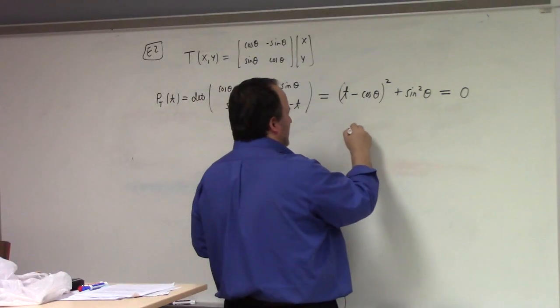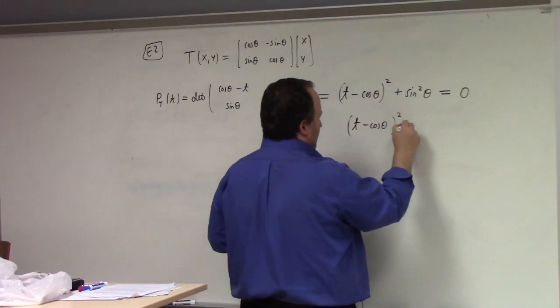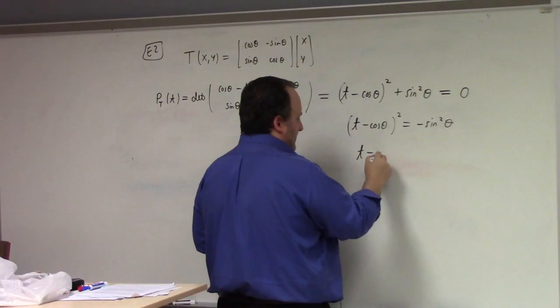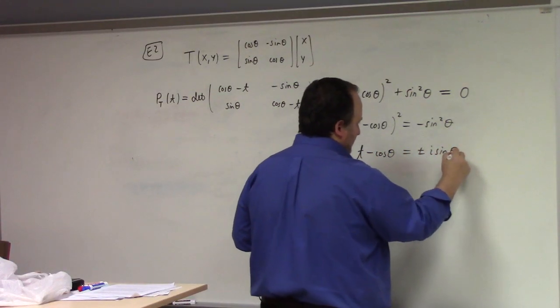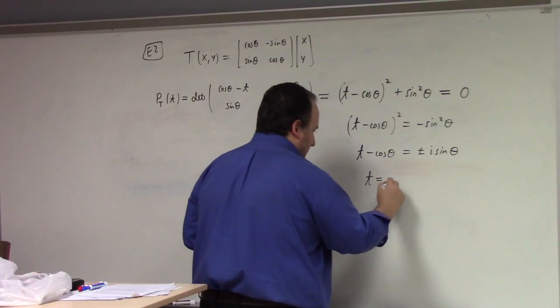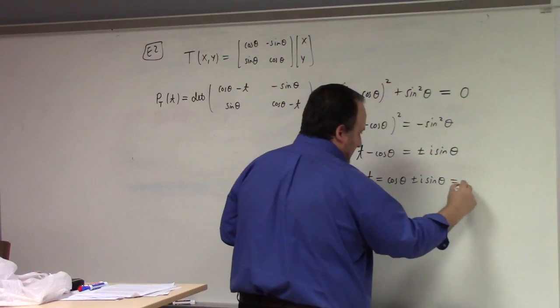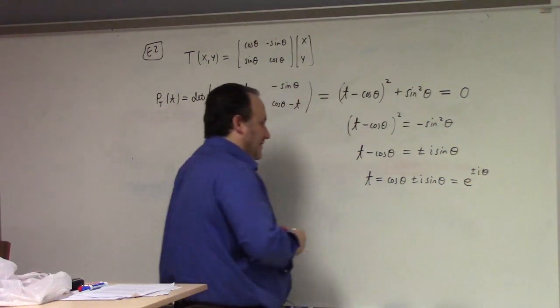So this tells me that t minus cosine theta, squared, is minus sine squared theta. That gives us t minus cosine theta is plus or minus i sine theta, so t is cosine theta plus or minus i sine theta, which you might recognize as e to the plus or minus i theta. So your eigenvalues here are complex.